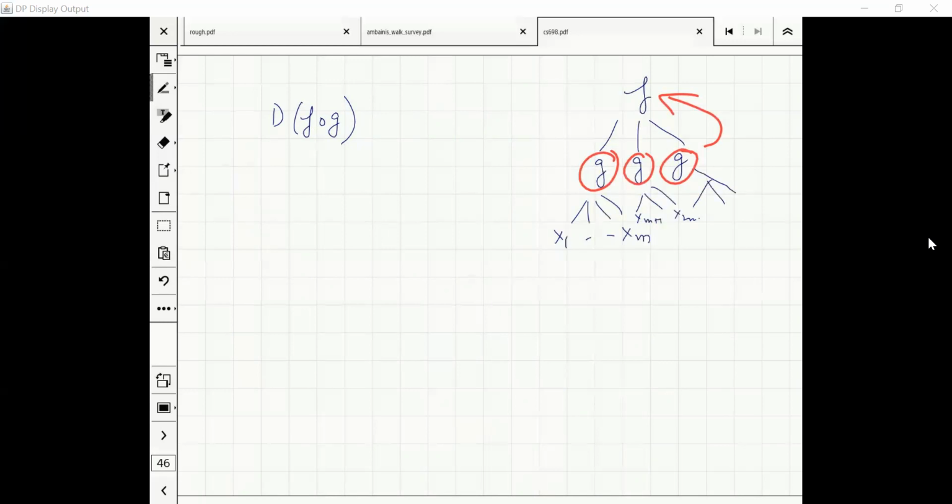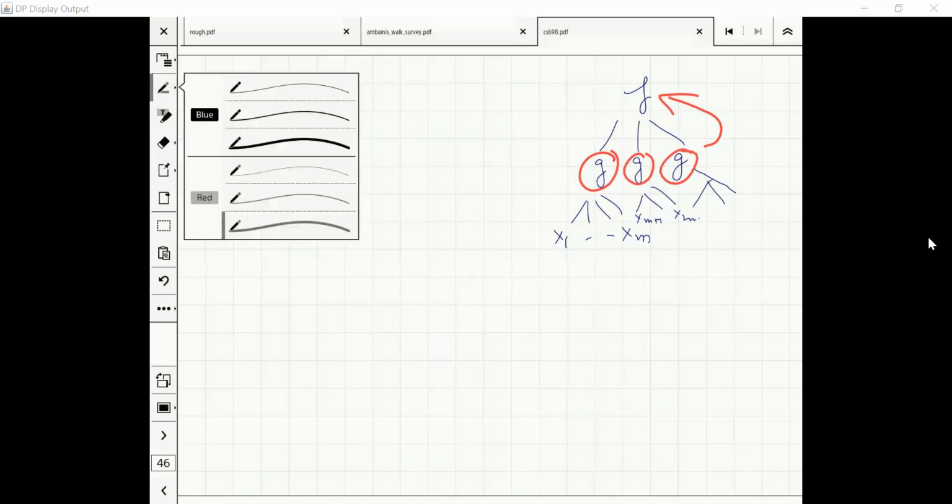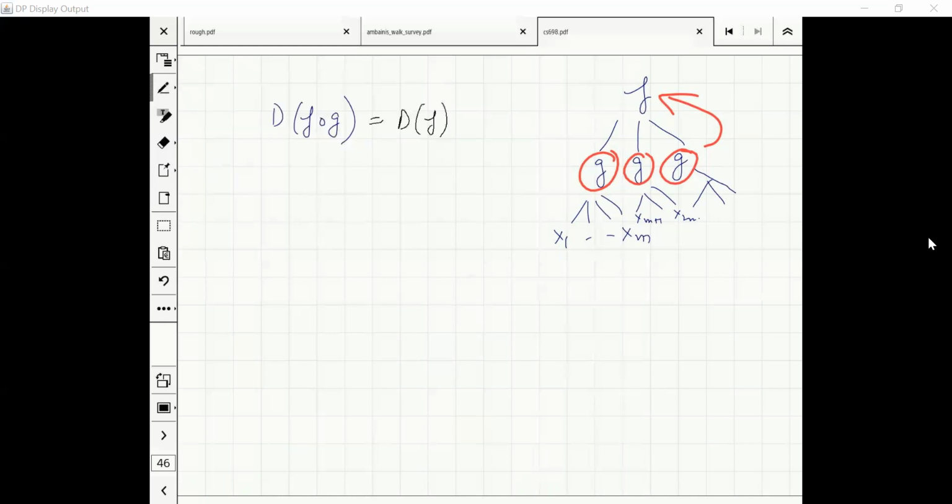If you do that in the deterministic model, your guess would be that this is equal to D of f times D of g. Notice that when you construct an algorithm for f composed with g, you are only showing an upper bound. Upper bound, yes.